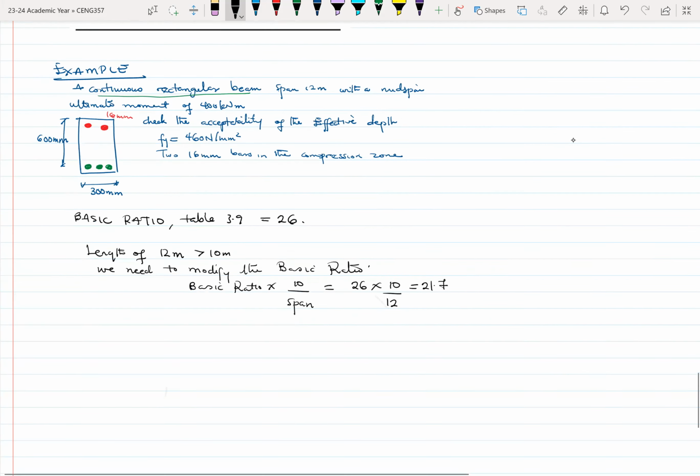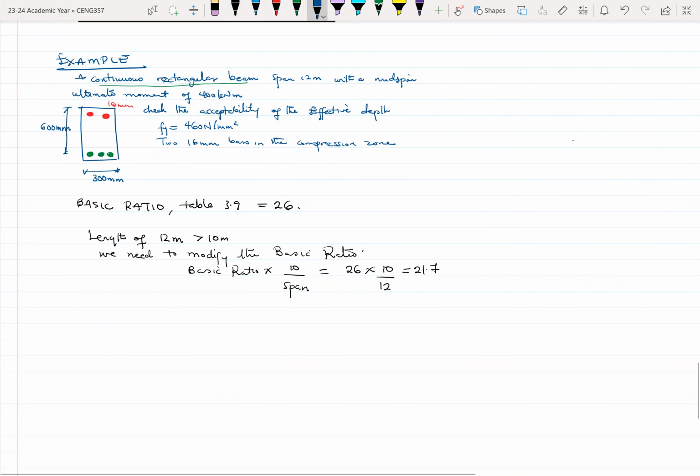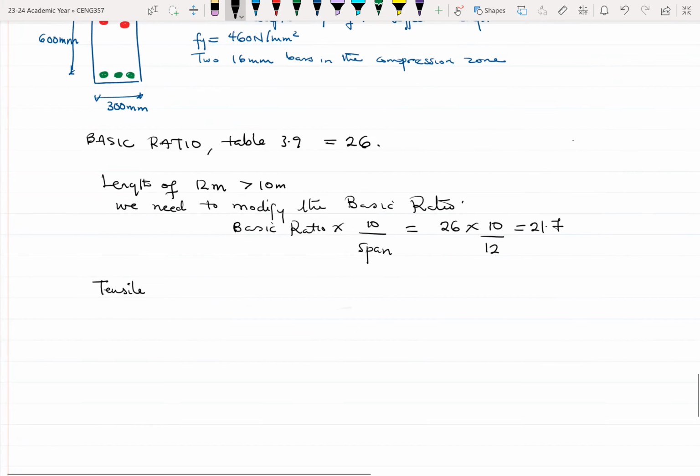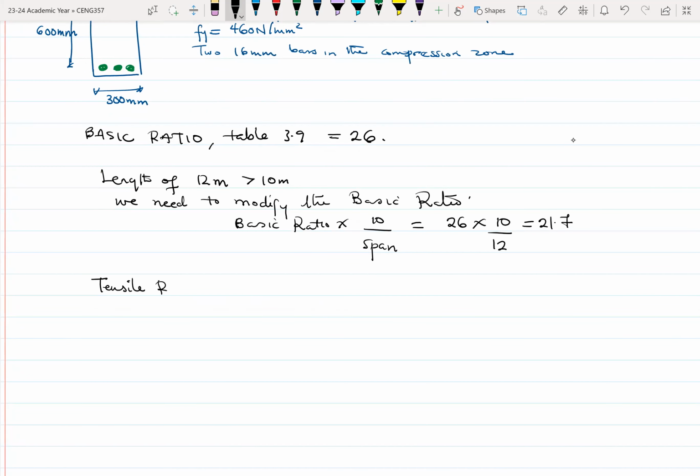So let's look at the tensile reinforcement modification factor. Let me say MF. MF means modification factor, so that I don't have to write this long thing. All right.